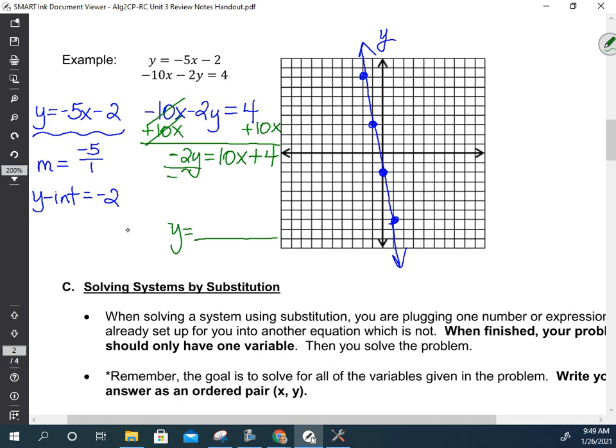Divide by -2 on both sides. So y equals 10 divided by -2, -5x. 4 divided by -2, -2.